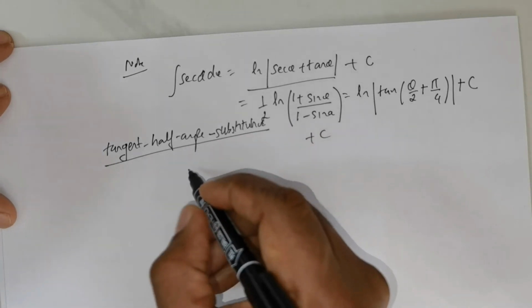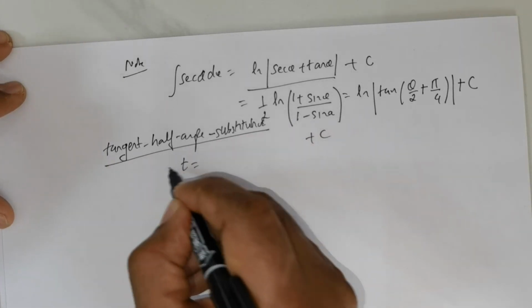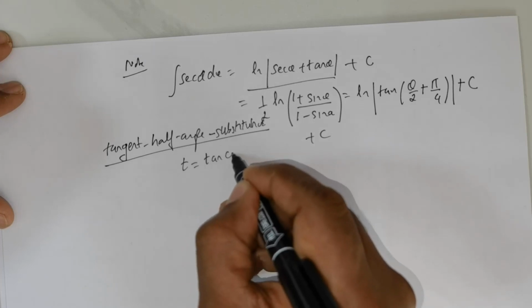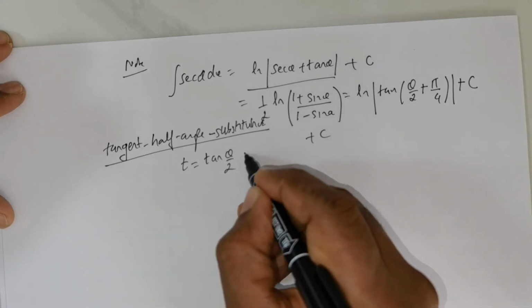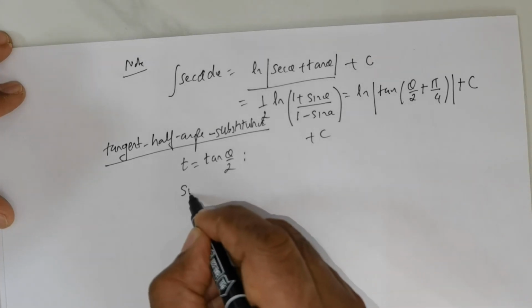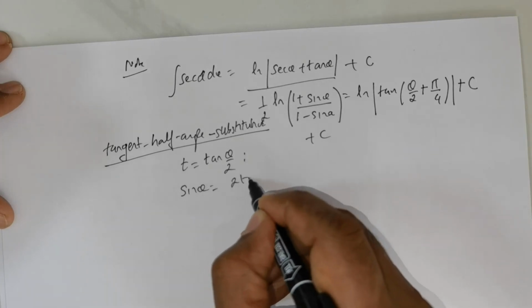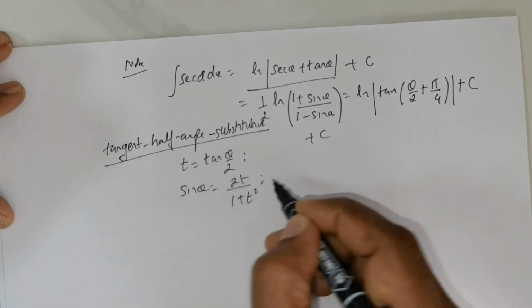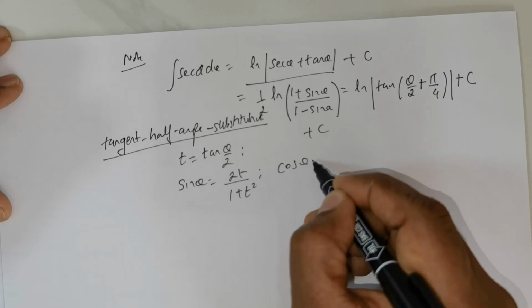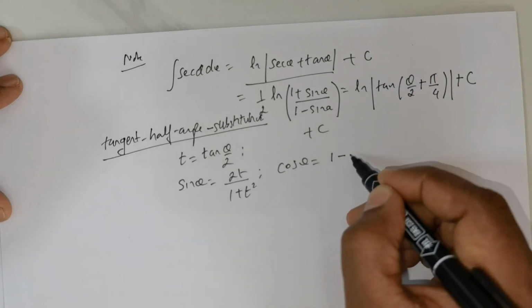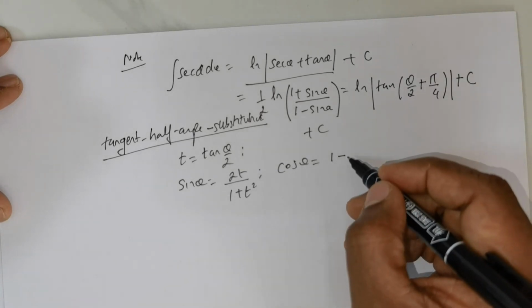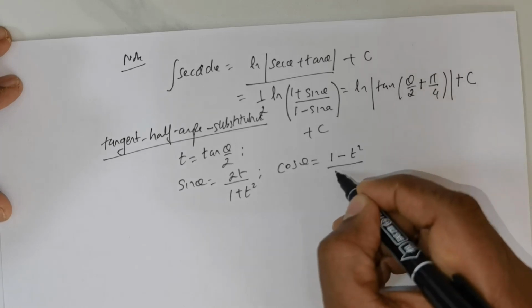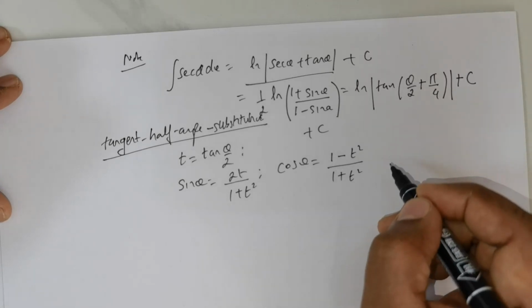Okay, so what is the substitution? We take t to be tan of theta over 2, and subsequently sine theta to be 2t divided by 1 plus t squared, and cos theta is taken to be (1 minus t squared) divided by (1 plus t squared).